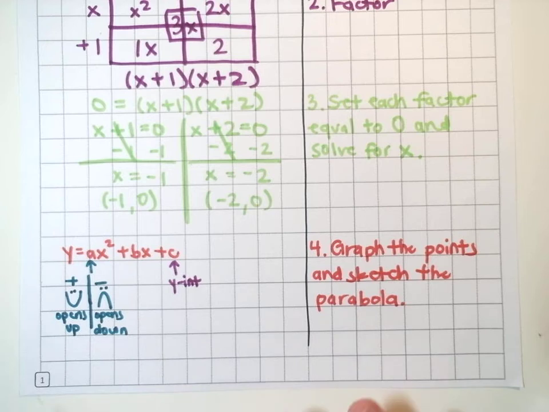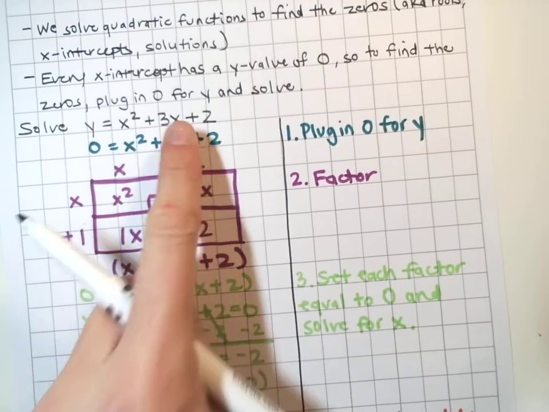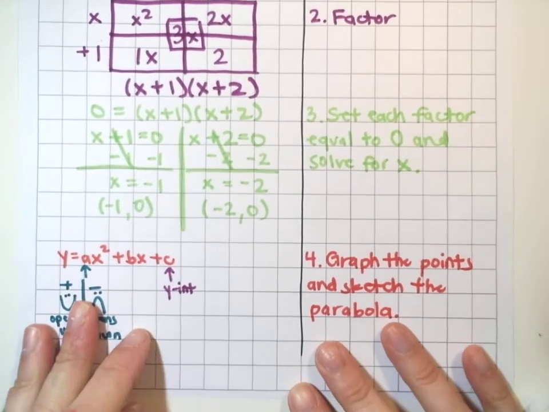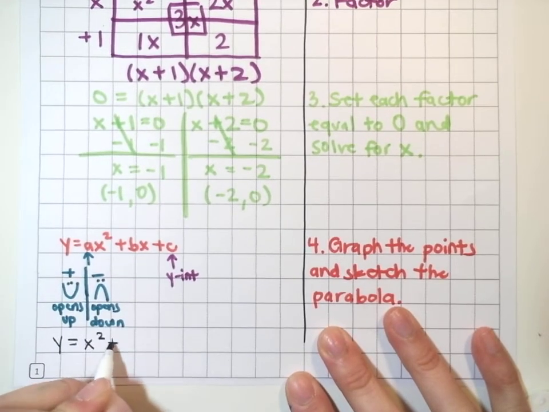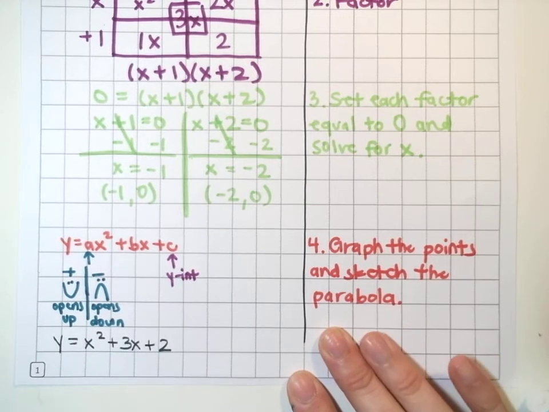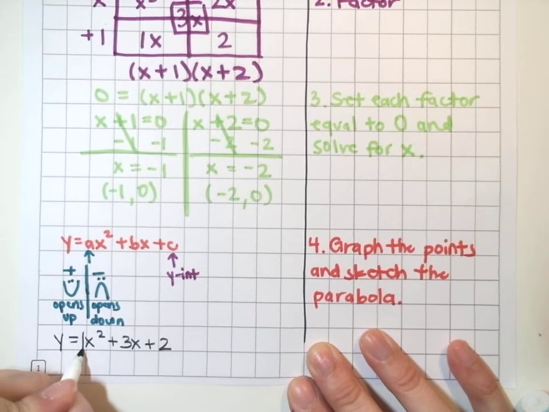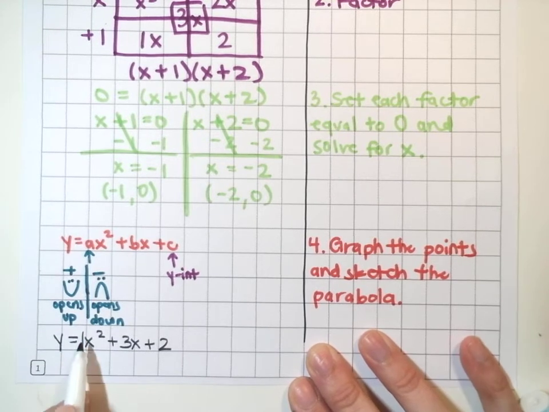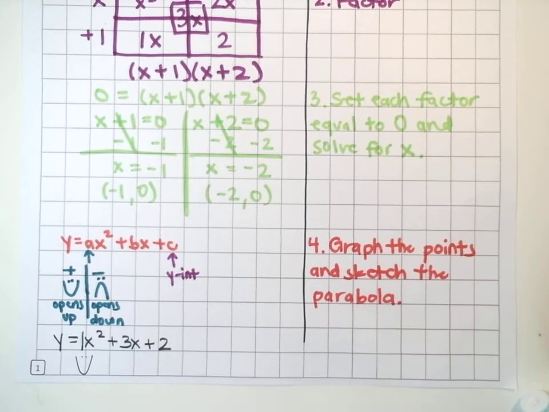So let's go back to the equation that we started with. So y equals x squared plus 3x plus 2. And so a, the number in front of x squared, is a positive 1. So since it's positive, our parabola is going to open up. It's a happy face.